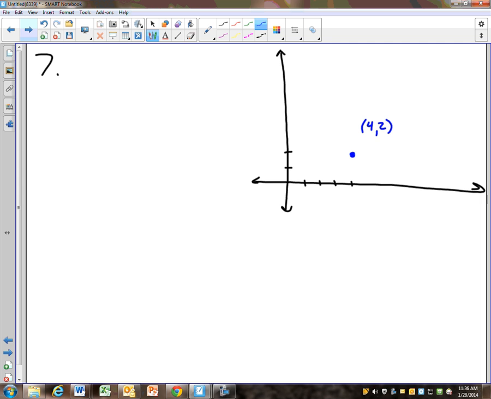Excellent job. You guys said, plot the point. So the first thing, we always start by modeling the problem. So I plotted it. Now what? Draw a line. We'll draw the line.